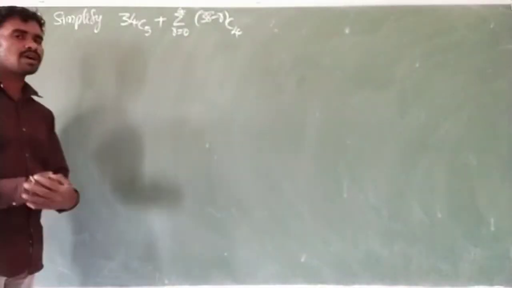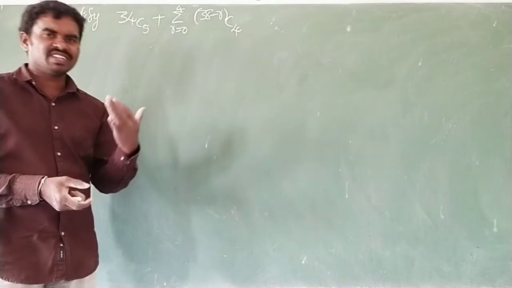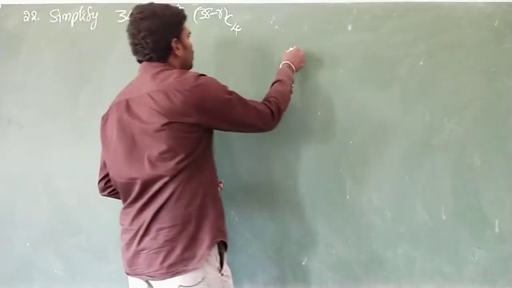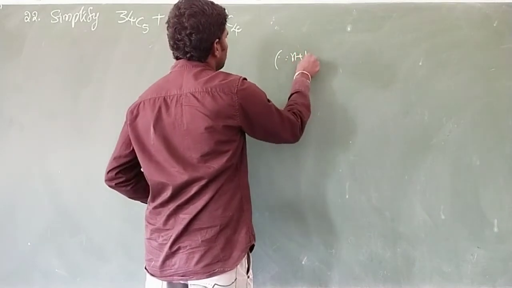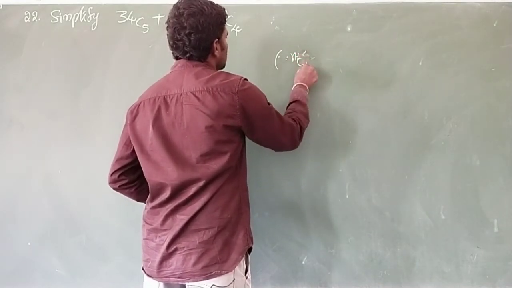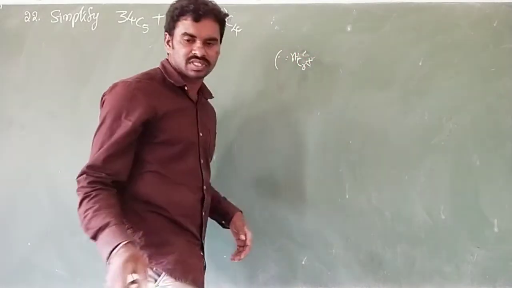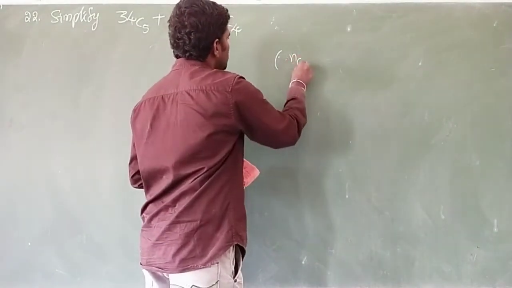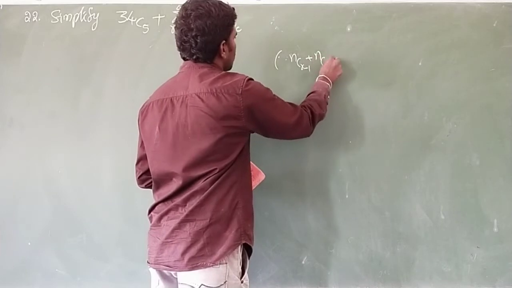For these problems, I have told you in the previous part 6, we proved a formula. That formula is nCr minus 1 plus nCr equals n plus 1 Cr.